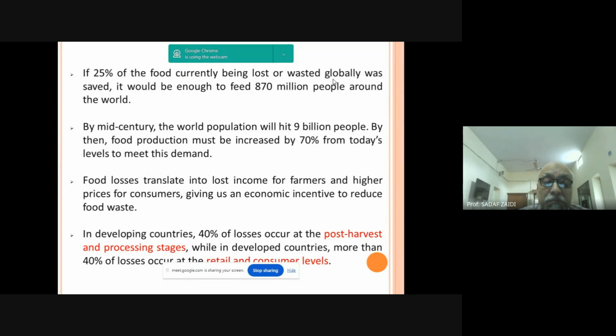And the developed countries, they have more losses, 40% of the food losses occur at the retail and consumer levels, which you can say that the developed countries are not putting in strategies at that rate so as to avoid these losses.